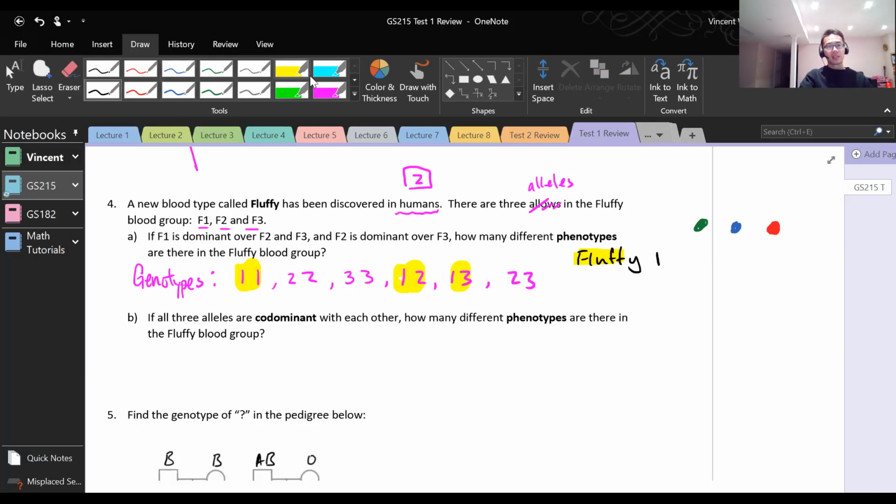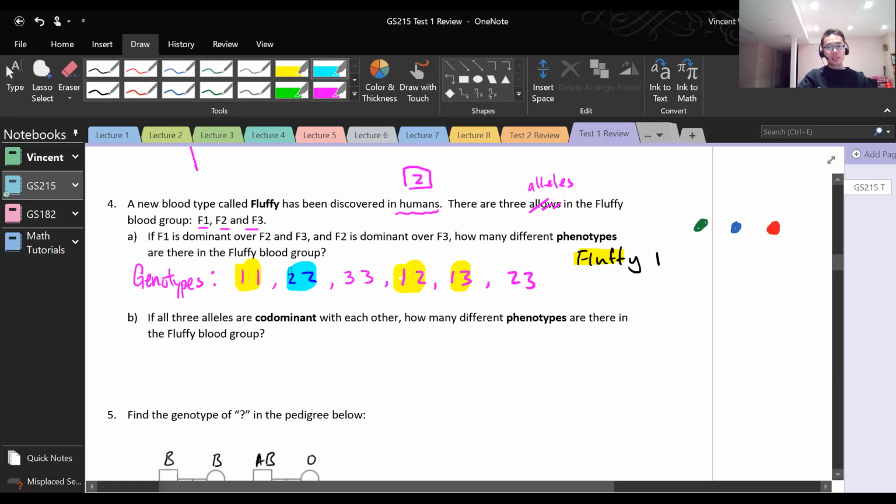Okay. 2, 2 is going to be fluffy 2. Do we have another fluffy 2? Or is that the only fluffy 2? That's right. 2, 3 is also fluffy 2. How do we know that? Because it says in the question, 2 is dominant over 3.